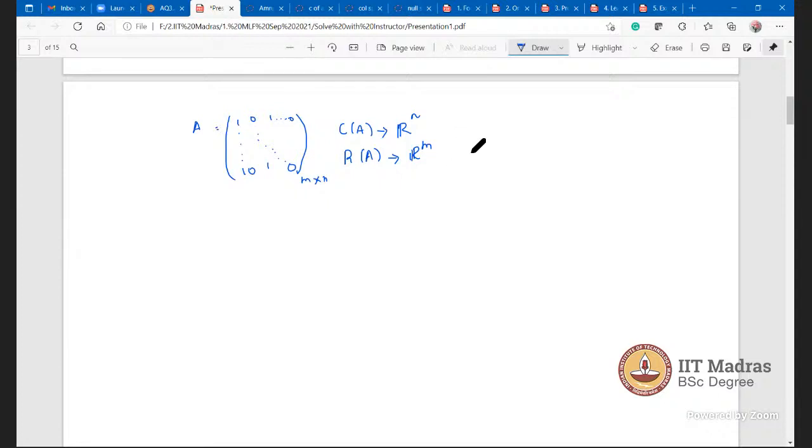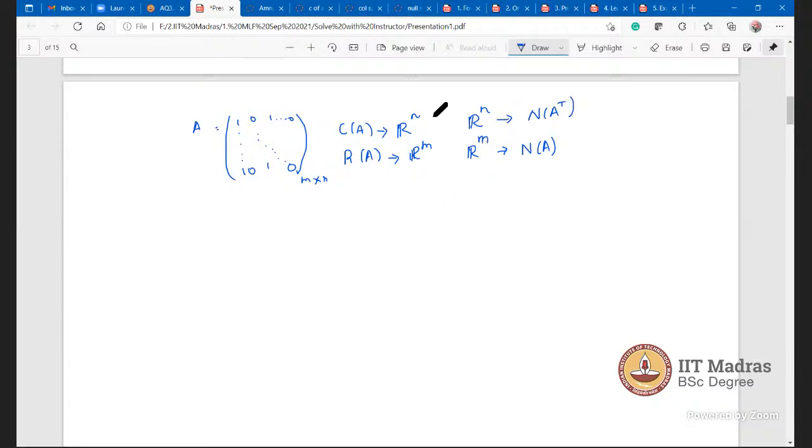Null space is related to the solutions of Ax equal to 0. When you solve that, you will get the vector x, which is in the m dimensional subspace. This is what you get for the null space of A. Similarly, for the left null space, when you solve A transpose y equal to 0, you will get the y vector in the dimension of Rn. So this is your null space of A transpose.